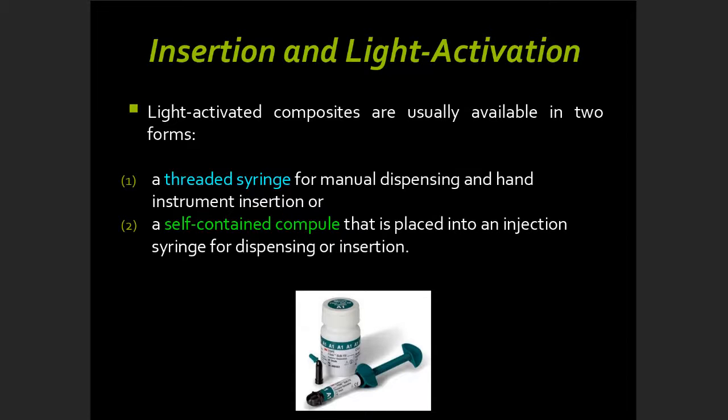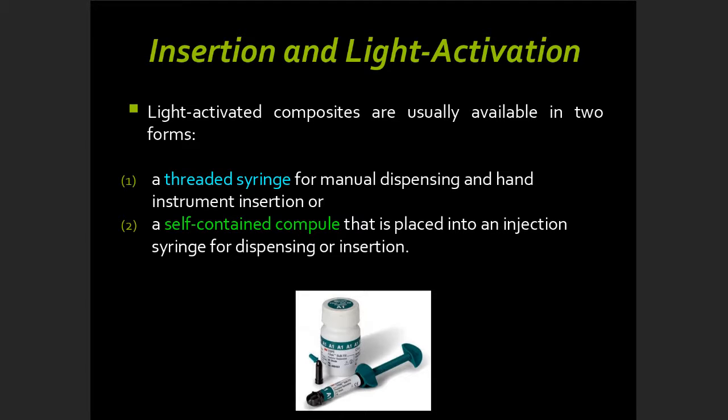Now, once you have light cured the adhesive, the next step is the insertion of composites. Light activated composites are usually available in two forms: a threaded syringe for manual dispensing and a hand instrument for insertion, or a self-contained compule that is placed into an injection syringe for dispensing or insertion.